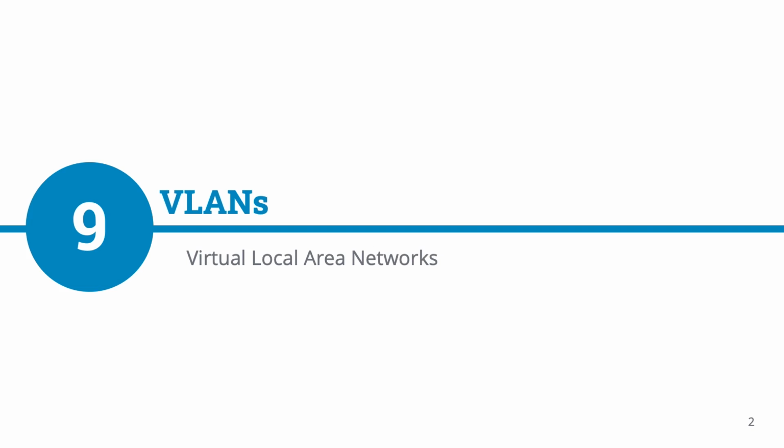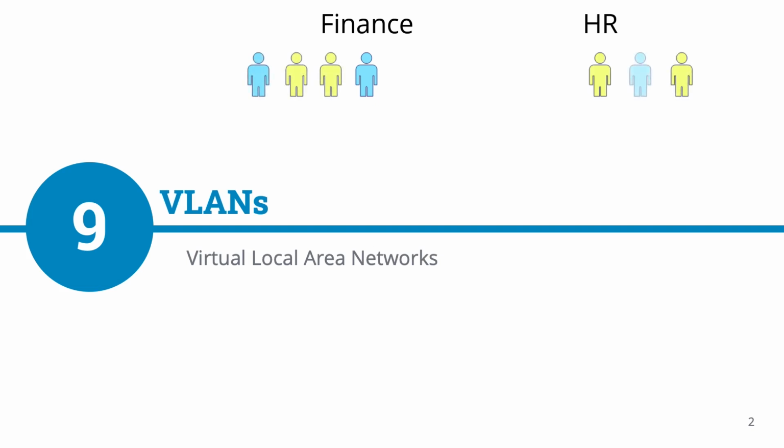Many of you may not remember a time before the existence of VLANs, where in order to separate one set of traffic from another, like perhaps a finance department network and an HR department network, one had to use separate physical switches.